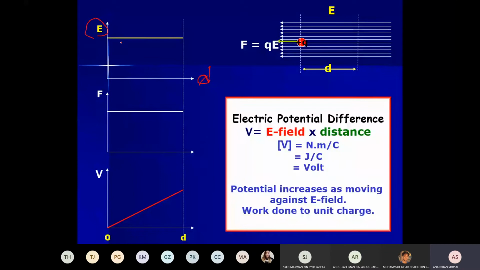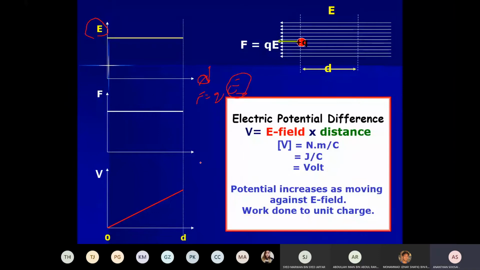The electric field is going to be constant because it's a uniform field. E versus d should be a constant. The particle experiences a constant force, because if E is constant, force must be constant, because F equals QE.